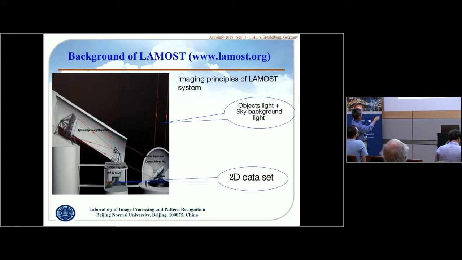Then with a mirror it goes to the focal plane, then with fibers it is sent to 16 spectrographs, and each spectrograph has two CCD chips, one for red and another for blue. So altogether there are 32 CCDs.